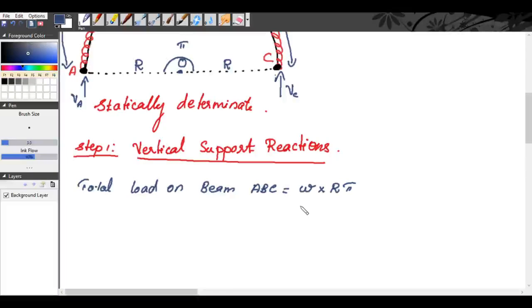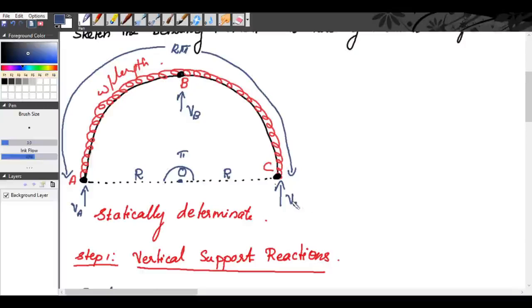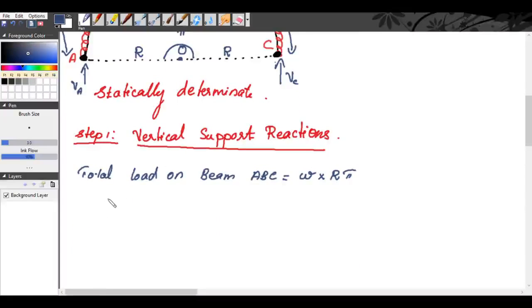Now, from the diagram itself you can understand that VA will be equal to VC. This is symmetric and it is subjected to UDL, so VA will be equal to VC.